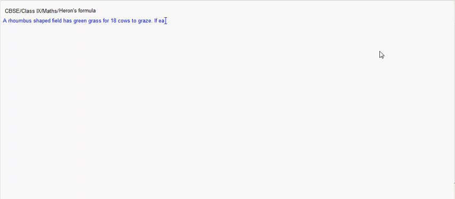If each side of the rhombus is 30 meter and its longer diagonal is 48 meter, how much area of grass field will each cow be grazing?